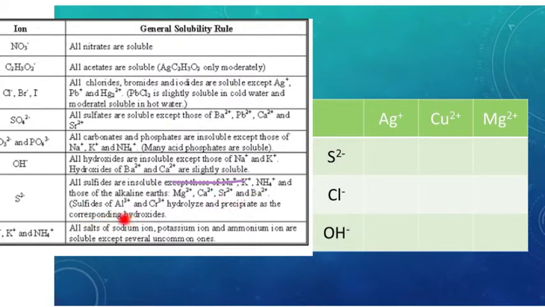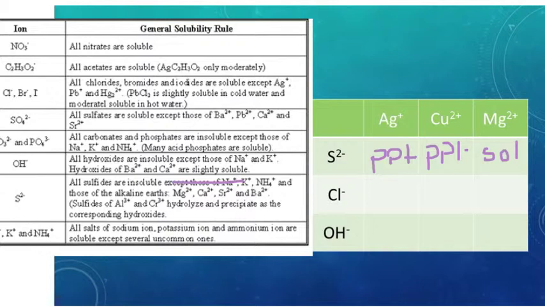Also, sulfides of Al and Cr hydrolyze and precipitate as the corresponding hydroxides. All we really have to worry about is that this tells us this will precipitate, because remember, all sulfides are insoluble except for these ones. This one will remain soluble.